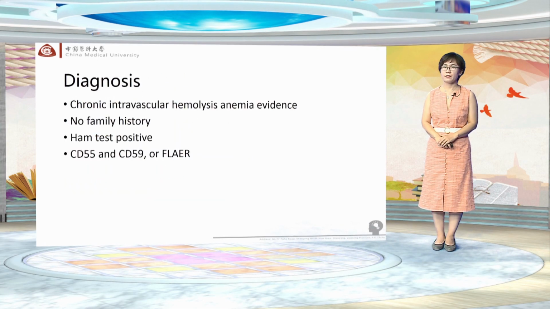If the patients have evidence of chronic intravascular hemolytic anemia and no family history, we should suspect paroxysmal nocturnal hemoglobinuria. If Ham test is positive and CD55, CD59 or FLAER test is positive, we can make the diagnosis.